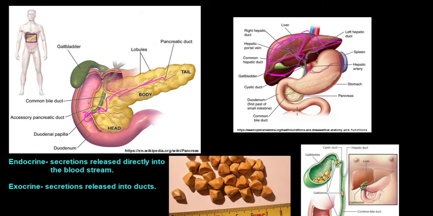The liver cells produce bile, which is transported away and stored in the gallbladder, that green little structure you can see over there. So the liver produces bile, and then it forms a common duct that empties into the small intestine.